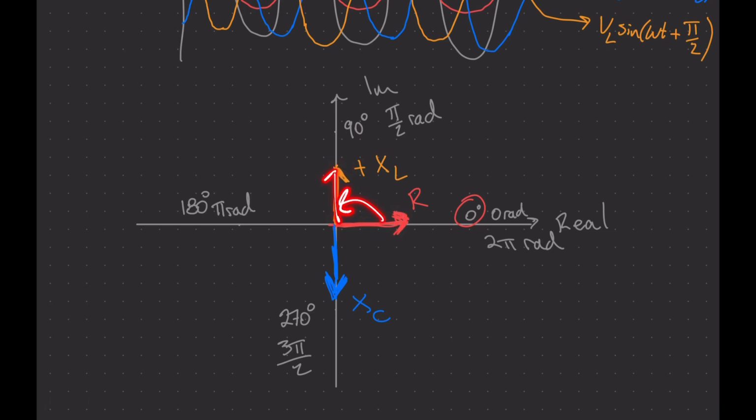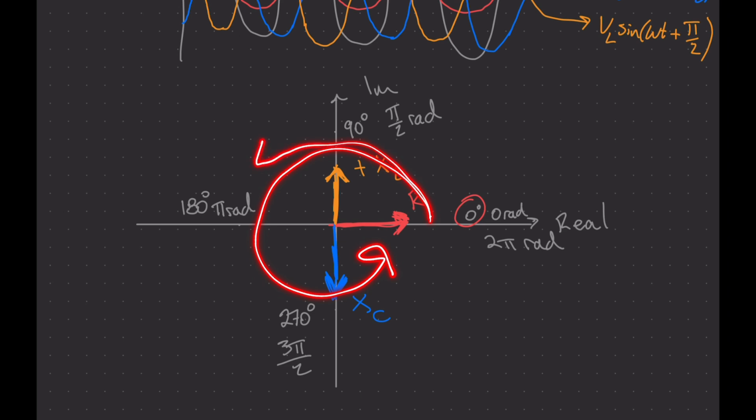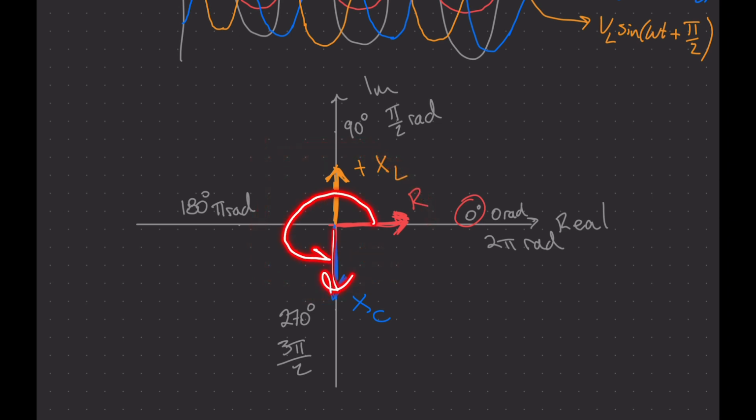This vector here is 90 degrees ahead of this vector if we're tracking ahead this way, starting from here going this way. Meanwhile, this one, you can say it's 270 degrees ahead of the resistance, but you can also say it is 90 degrees behind, because these are repeating functions.